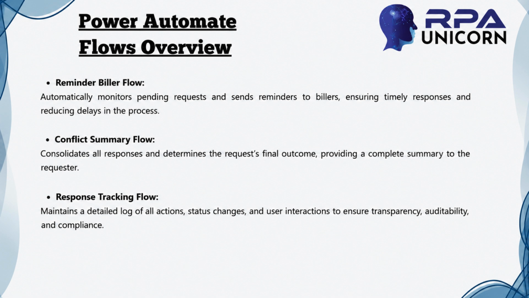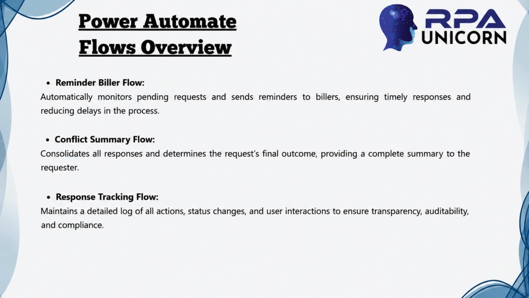Continuing with our Power Automate Flows overview, we have three additional background processes that keep operations on track. First, the reminder biller flow automatically monitors pending requests and fires off automated reminders to billers, ensuring we get timely responses and eliminate bottlenecks.